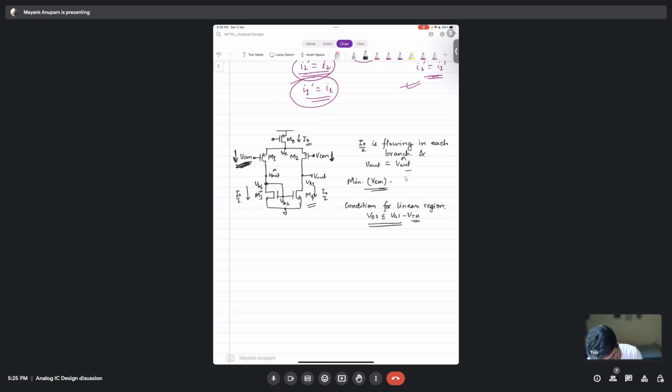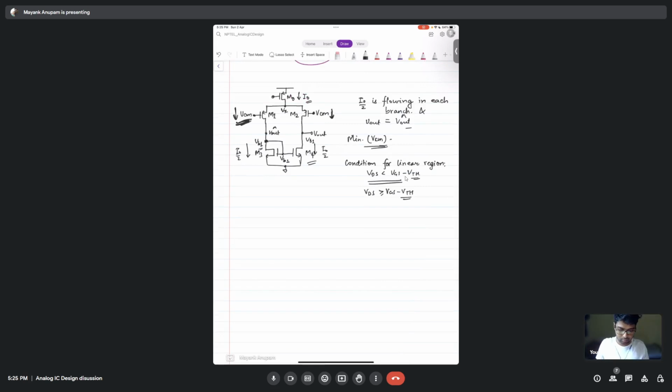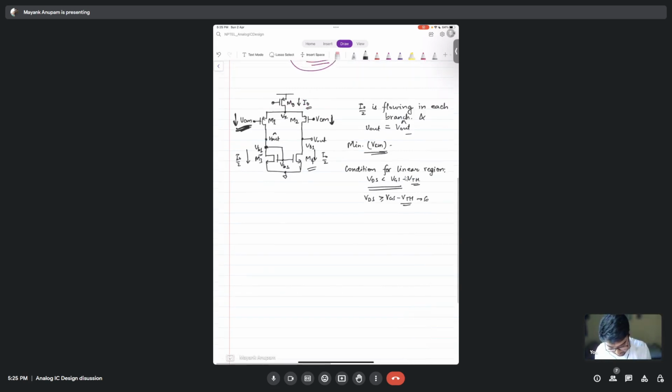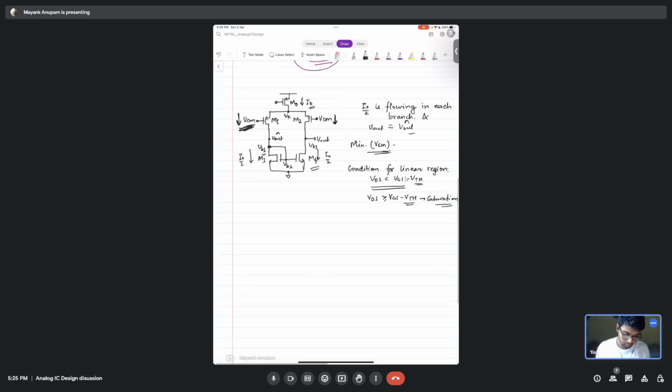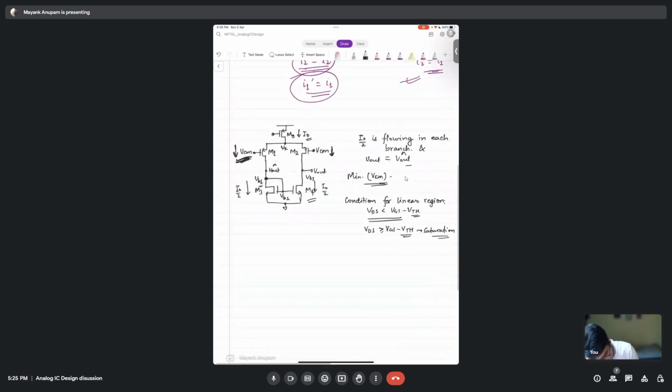So if it has to stay away from it, then VDS should be greater than or equal to VGS minus VTH. Correct? This is saturation. Now tell me, what is the drain to source voltage of this M4?